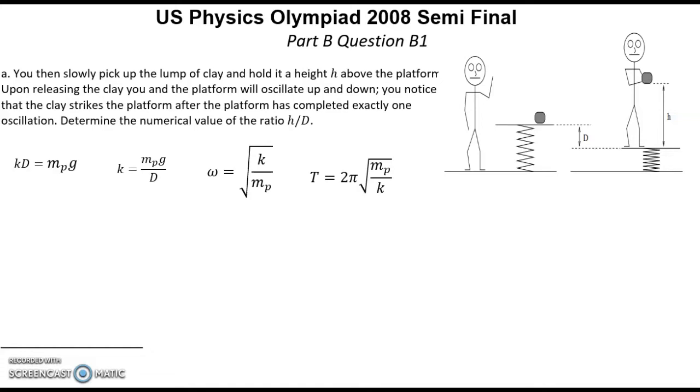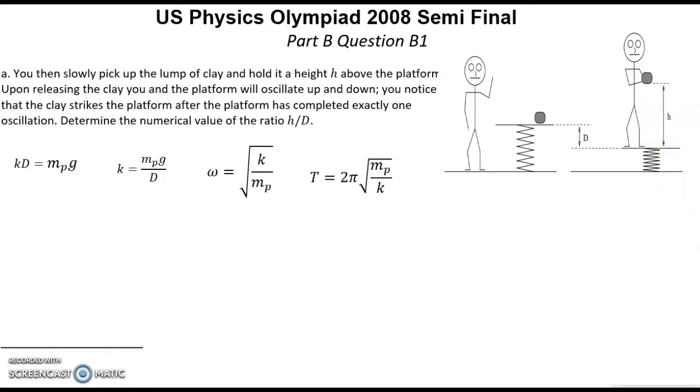And for the same period, our clay starts to fall down and reaches the lowest point from where we start our oscillation. We did the oscillation from the lowest point to this lowest point. It means that our clay reaches distance h in the same period of time.